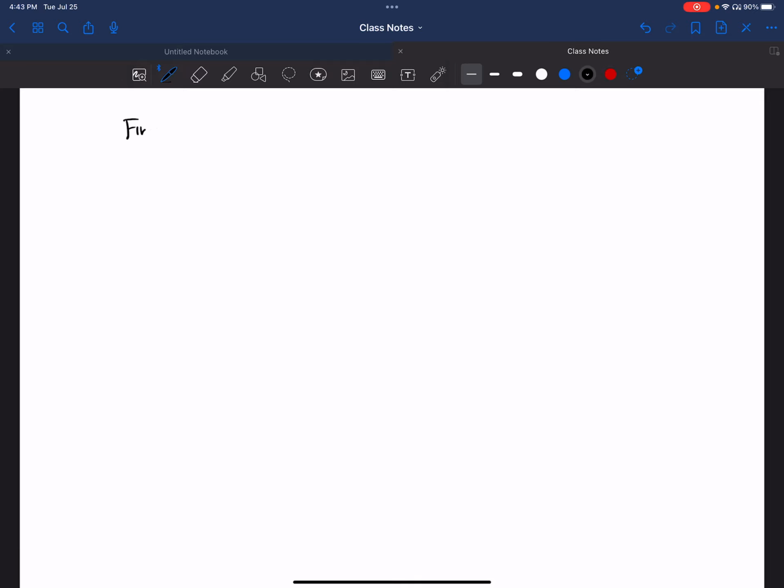Find dy over dx if y is equal to natural log of square root of sine x.